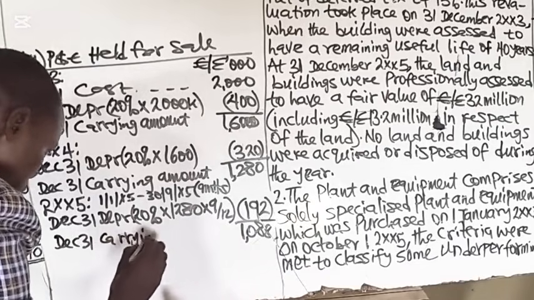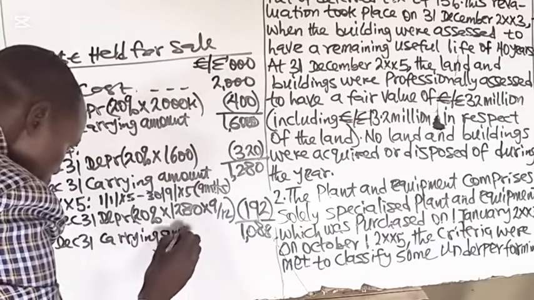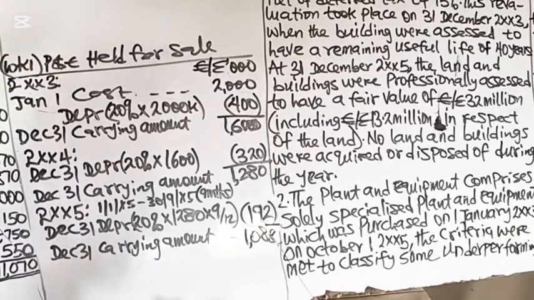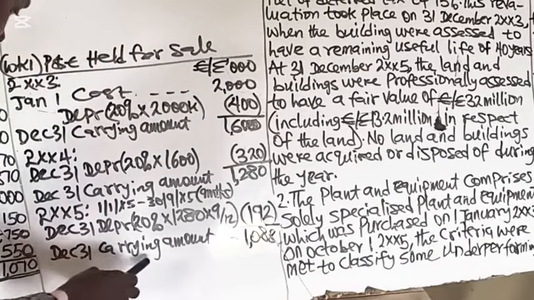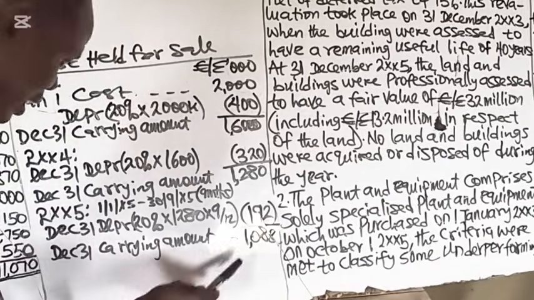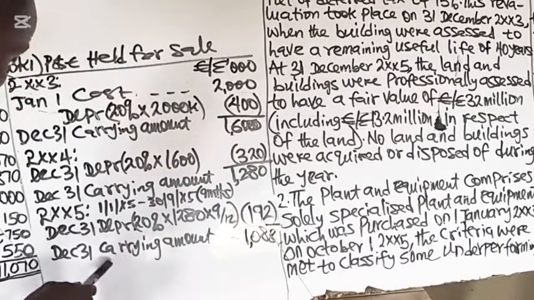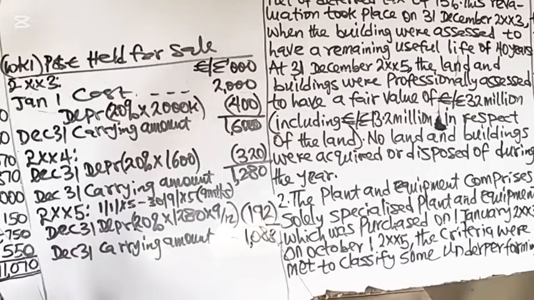Carrying amount 1,088. That is the carrying amount as at the year end, or as at the date the criteria for held for sale were met. This carrying amount will now be compared with the net realizable value in order to know if this asset has been impaired or not.